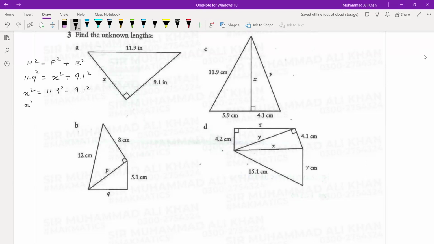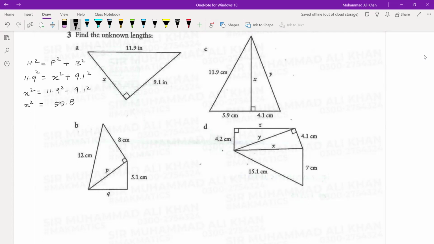So what is x squared? What is the final answer after subtraction? 58.8.